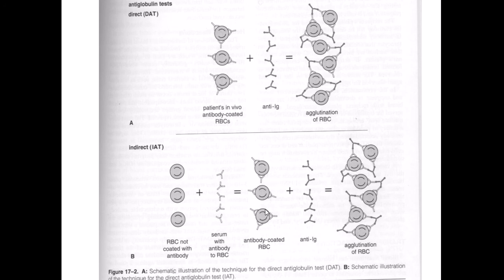So we sensitize those. I mean, those are red blood cells, Rh positive. We get the mother's serum here, and then you sensitize the Rh positive red blood cells. So now they become sensitized.